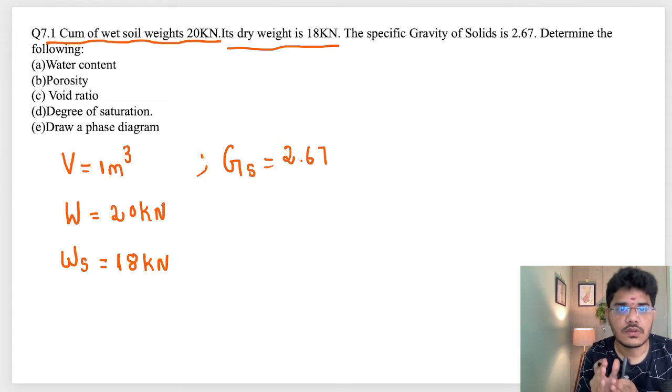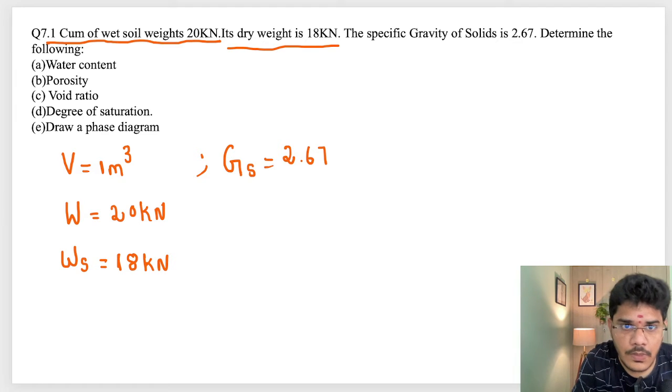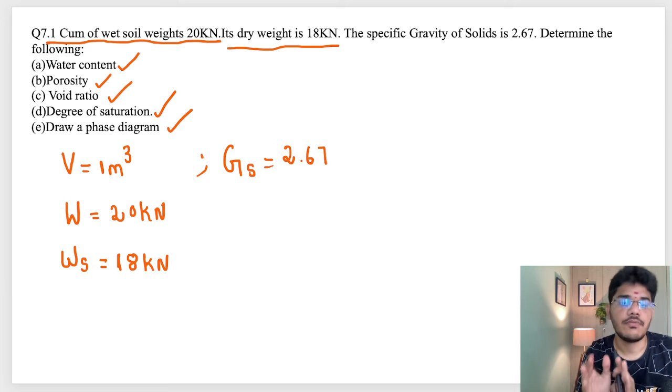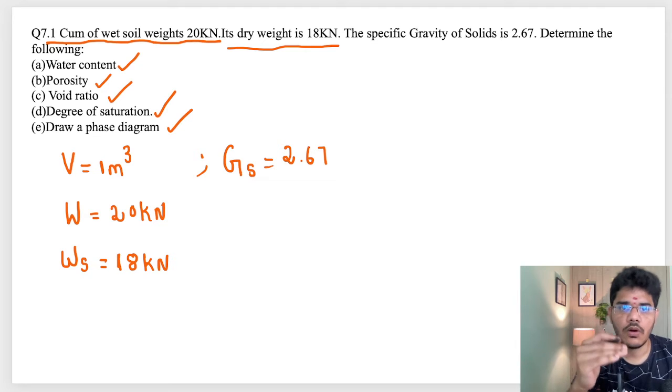Now what has been asked in the question? Calculate the water content, porosity, void ratio, degree of saturation, and finally draw the three-phase diagram. He has asked us to draw the phase diagram after determining all these parameters. Now we will solve one by one.